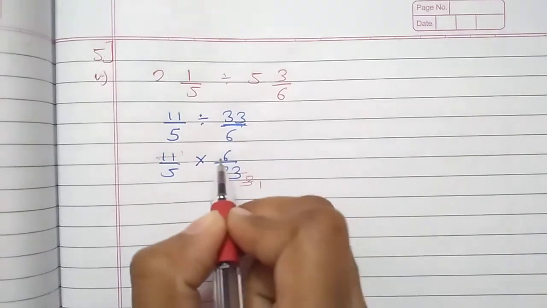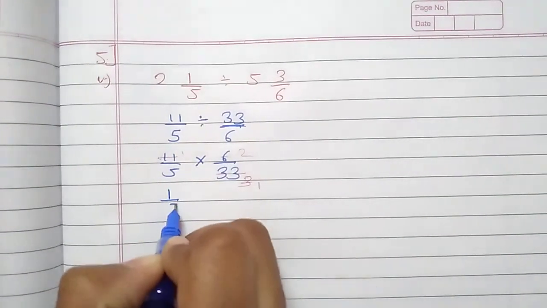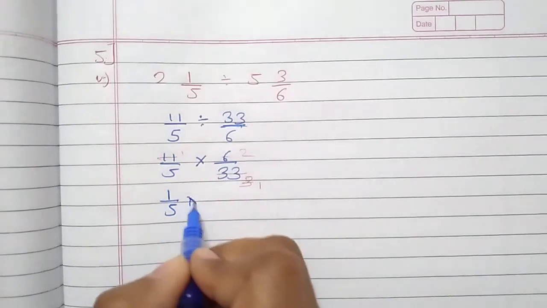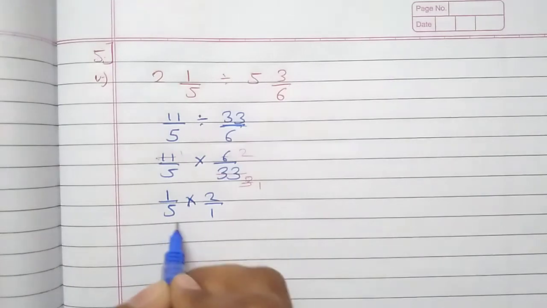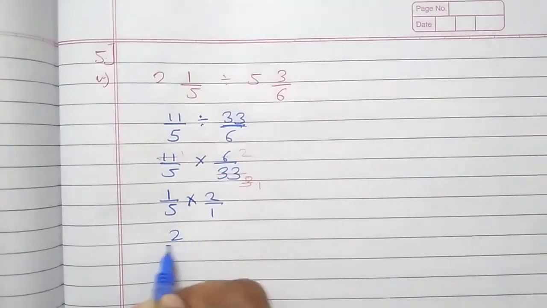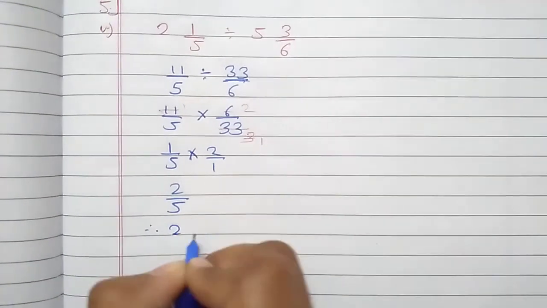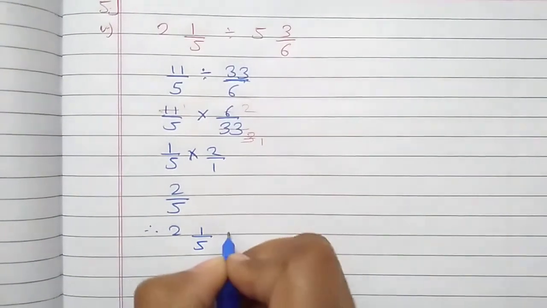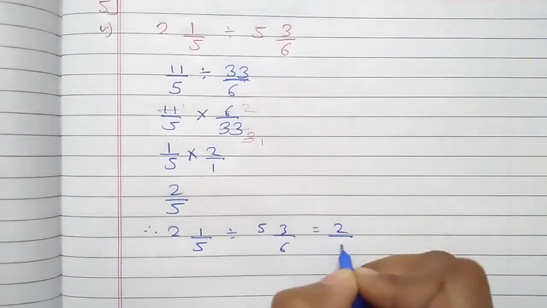Here 3 1s are, 3 2s are. Write this down, 1 upon 5 into 2 upon 1. Multiply, 2 1s are 2, 5 1s are 5. Here write question, 2 1 upon 5 divided by 5 3 upon 6 is equal to 2 upon 5.